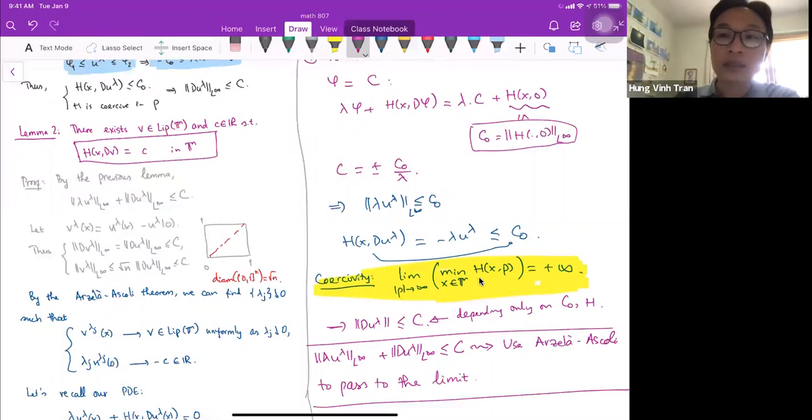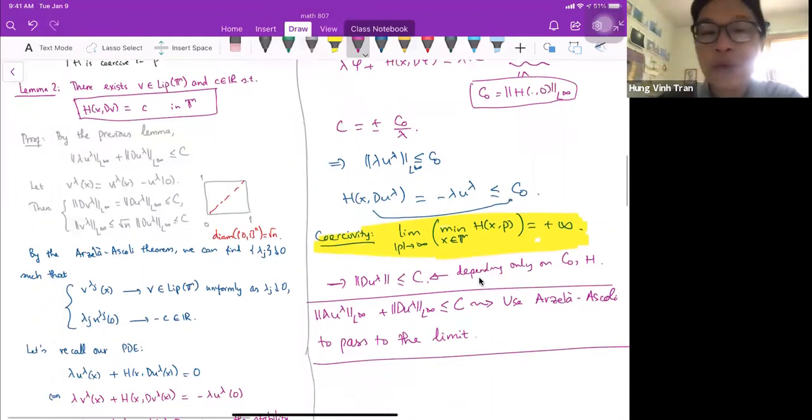Any questions or concerns up to this point? Okay, good. So one point here that I want to say is that remember that u lambda is not bounded itself, right? u lambda might go to infinity.